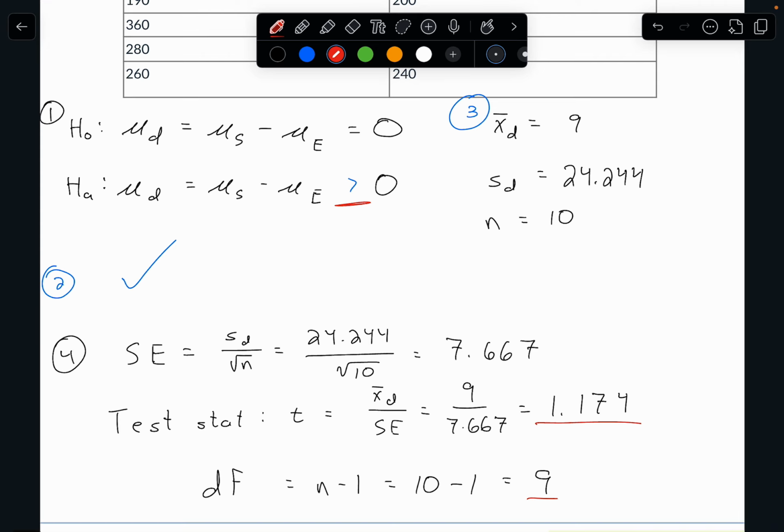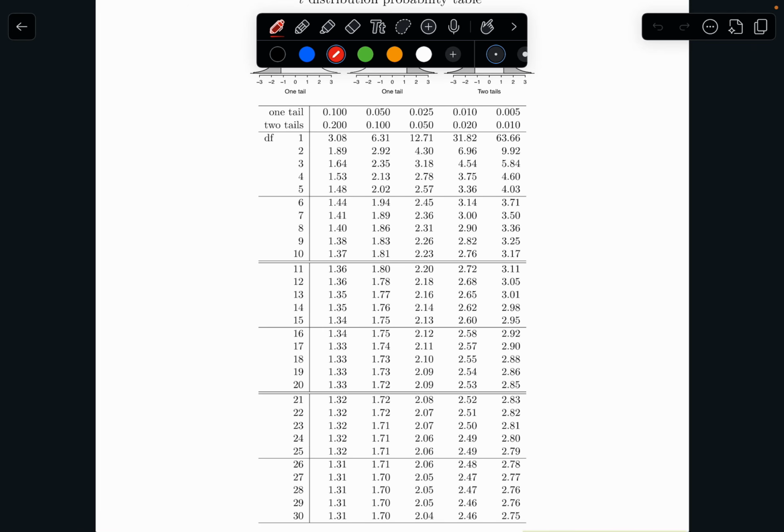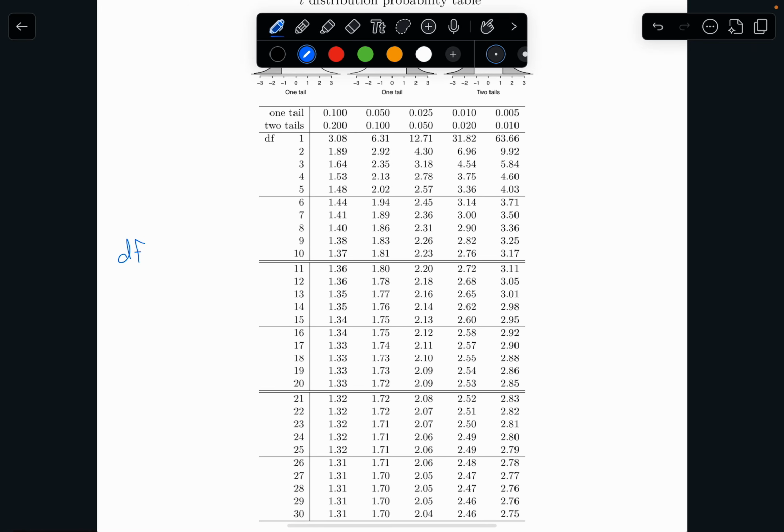So let me hop over to my t-table so that we can get our p-value. We said our degrees of freedom was 9, and our test statistic was t equals 1.174. So degrees of freedom as 9, we do have that row. We're looking at this row right here.